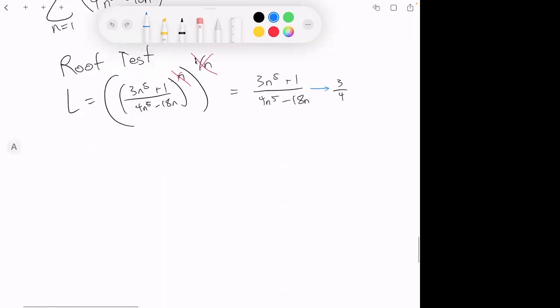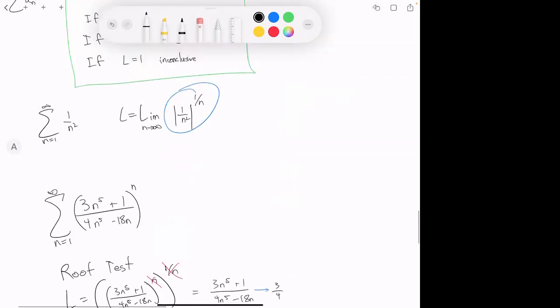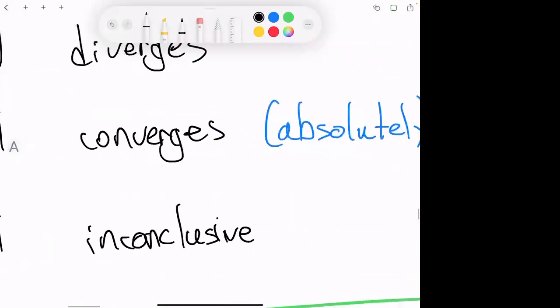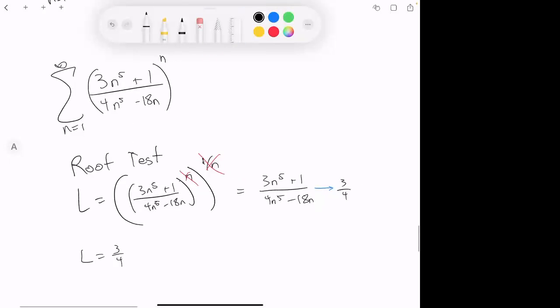So the root test produces this L of 3/4, and according to the root test, that means this series converges absolutely. So the root test has concluded that this series converges.